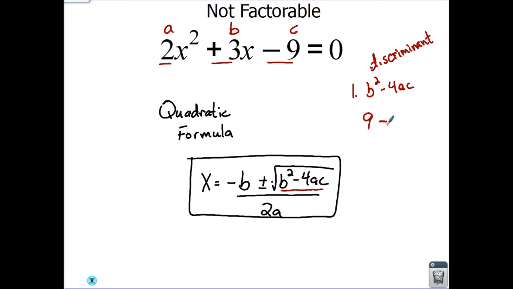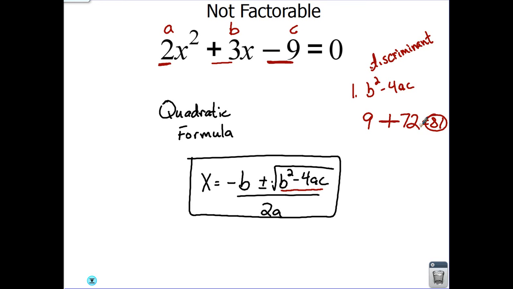You can type it in your calculator if you need to. 4 times 2 times negative 9, what does it give you? Negative 72. Good. So b squared minus 4ac is 9 minus negative 72, minus minus, that's a plus, gives me 81. So since my discriminant is positive, I can finish the problem now.